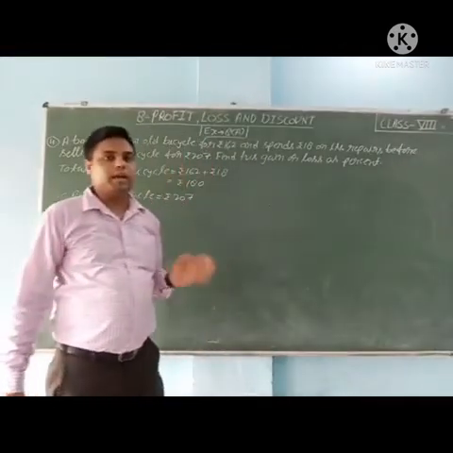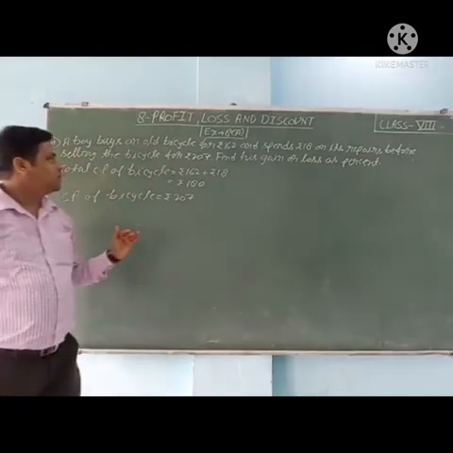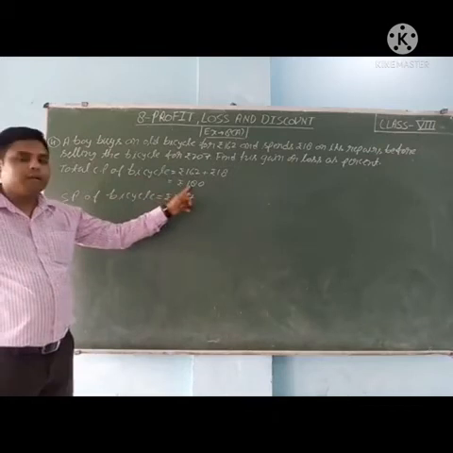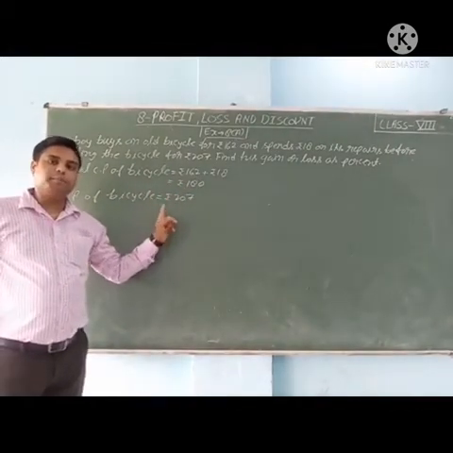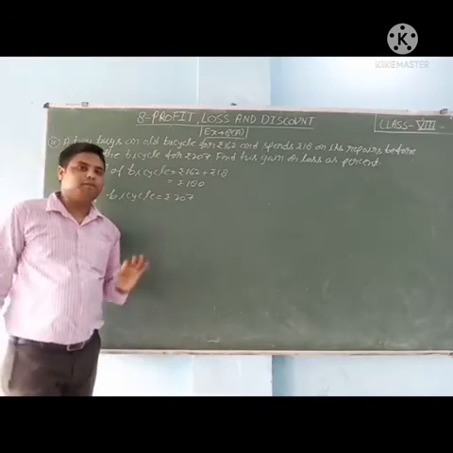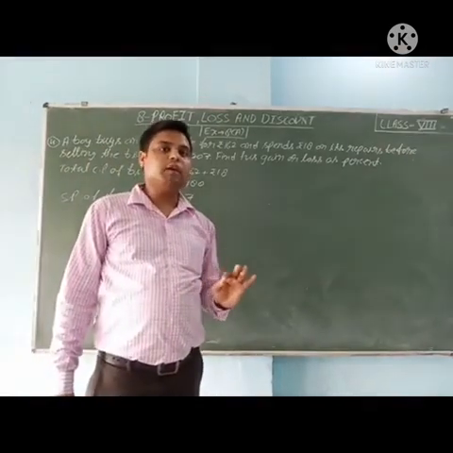We have to find either gain or loss. So CP is 180 and SP is 207. So SP is greater than CP. If SP is greater than CP, it means gain, or we can say profit.